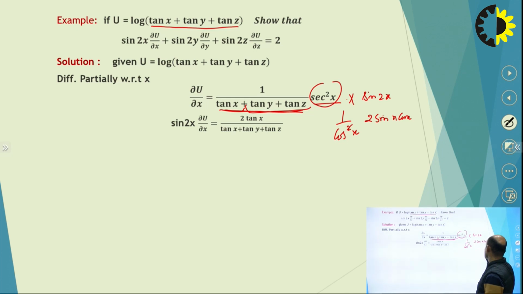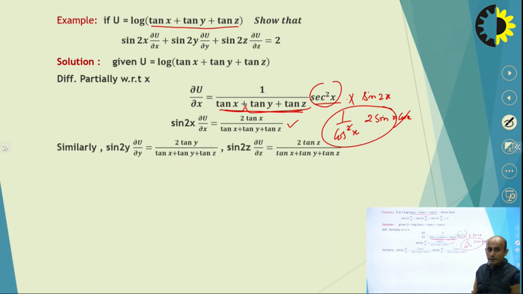So this cos square x will be here, one cos x will be cancelled here. So we get 2 sin x upon cos x. It means this is 2 tan x. So we have sin 2x del u upon del x as 2 tan x upon tan x plus tan y plus tan z. So we get the value of sin 2x del u upon del x.